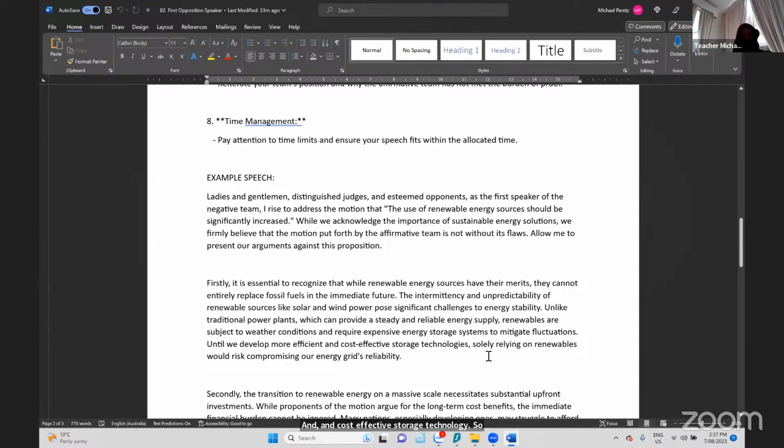Solely relying on renewables would risk compromising our energy grid's reliability.